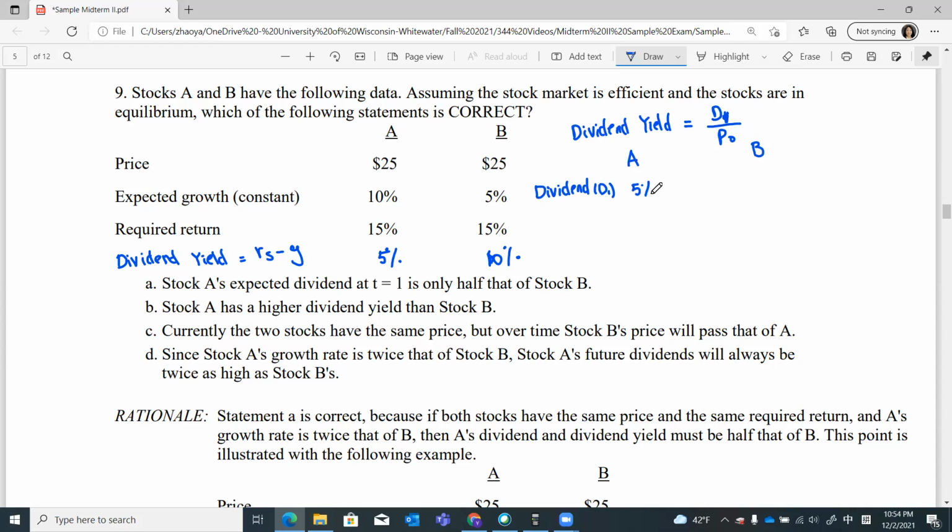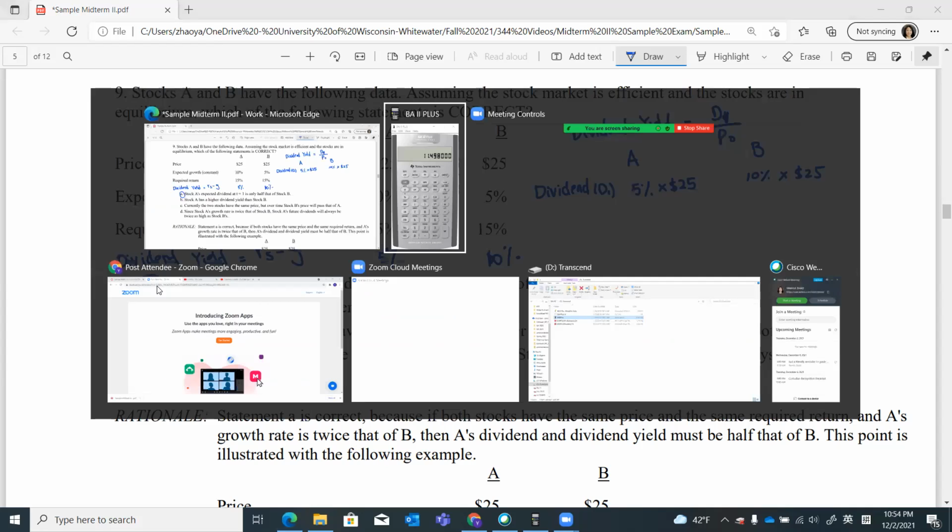So it's 5% times 25, and for B, it's going to be 10% times 25. So stock A's expected dividend at T equals 0 is only half of that of stock B. That is correct. This is the correct choice.